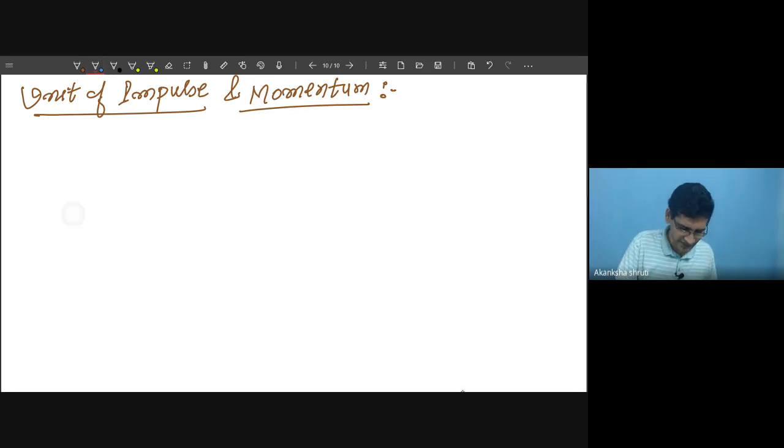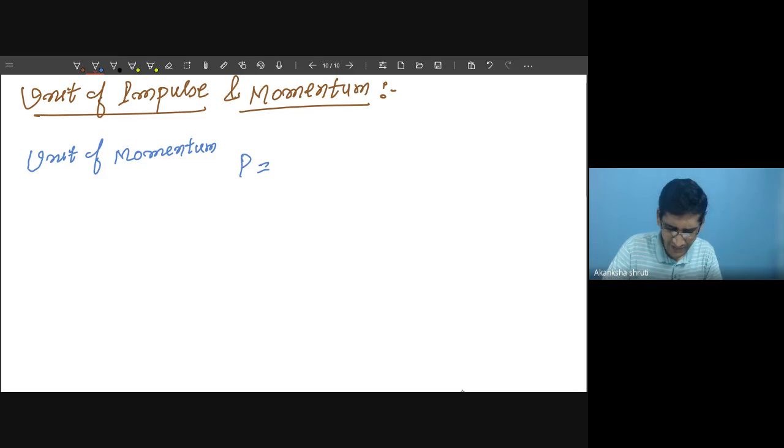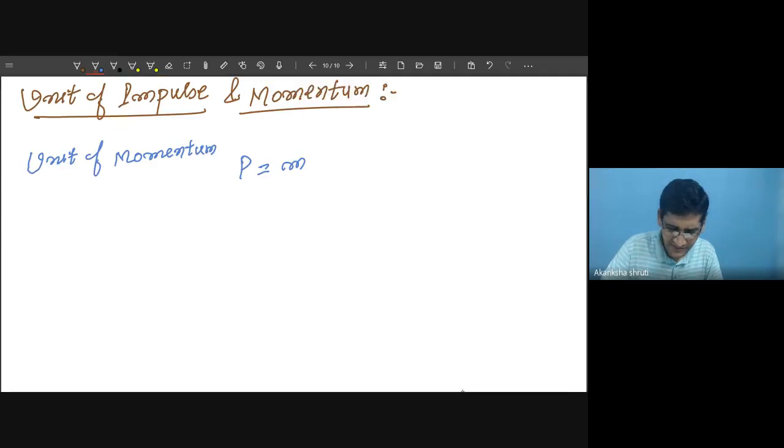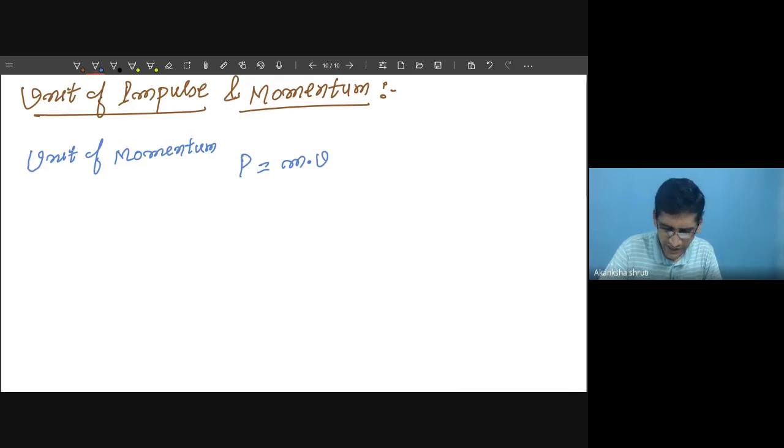So let us start with the unit of momentum. Students, momentum is given by mass into speed.